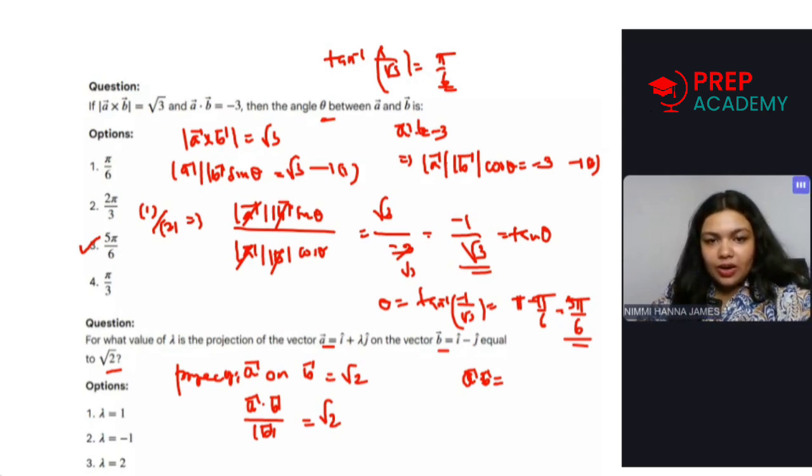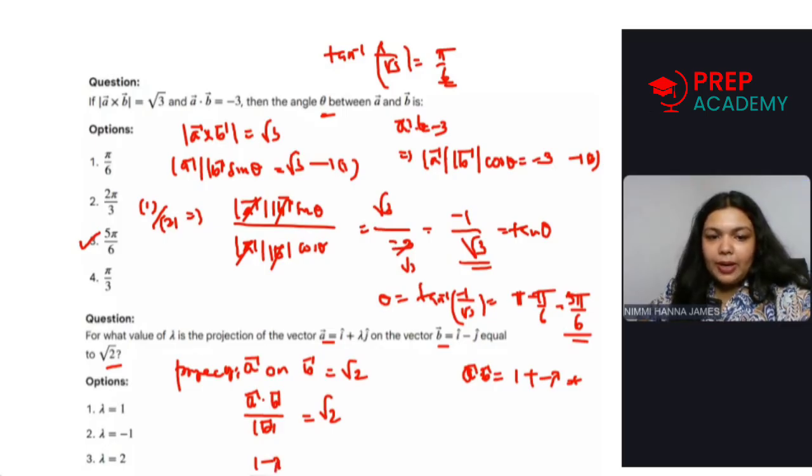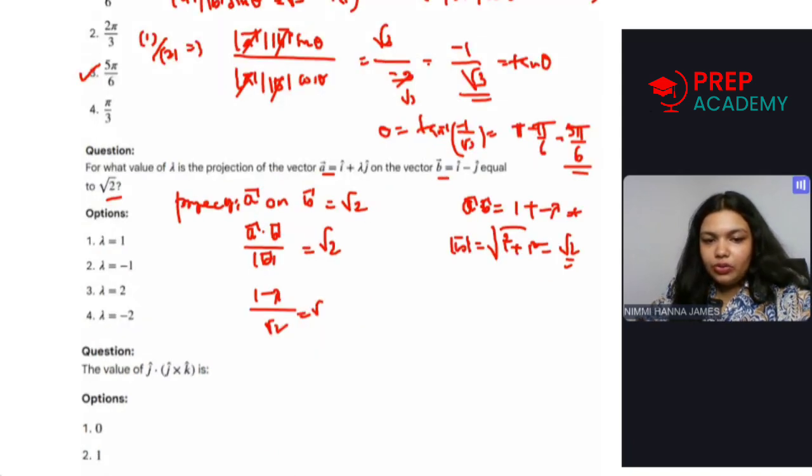Here the i components are 1 and 1, so 1 into 1 is 1, plus j components lambda into minus 1, minus lambda. So 1 minus lambda is A dot B, divided by mod B vector. Modulus of B vector is root of 1 squared plus 1 squared, which is root 2. So root 2 equals root 2.